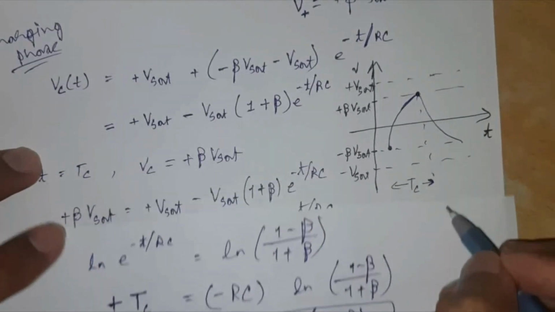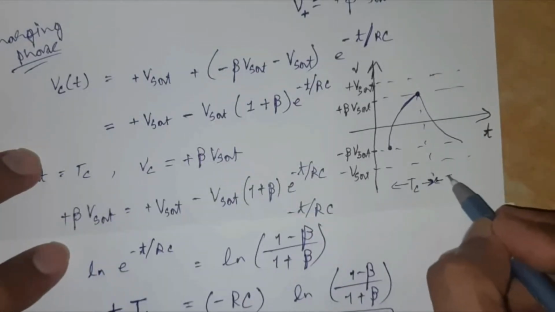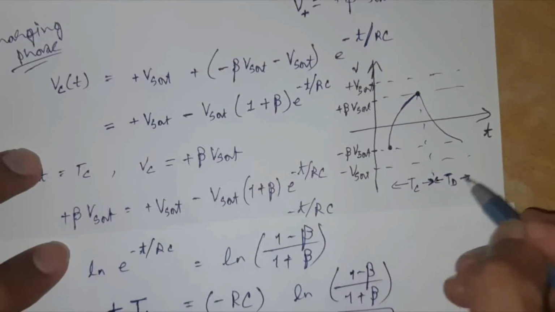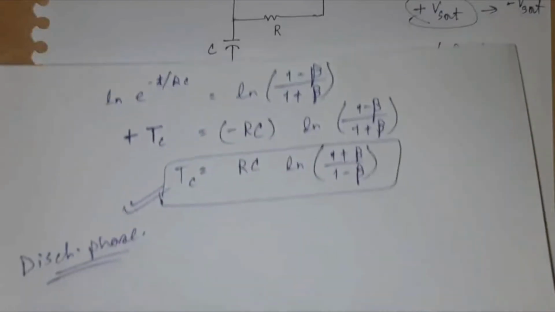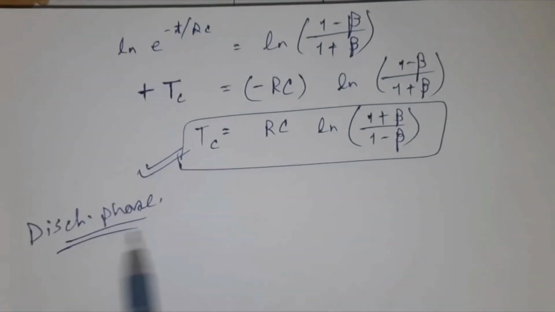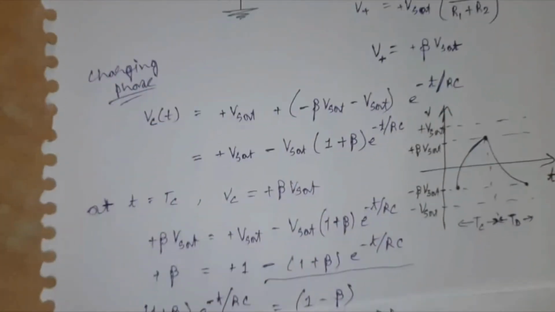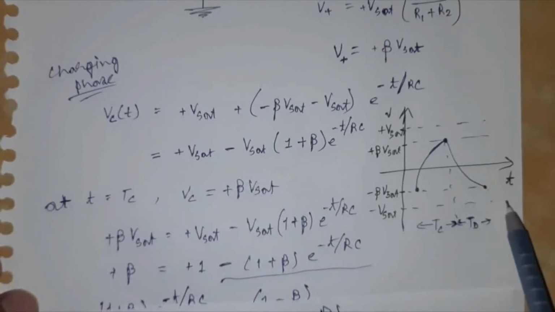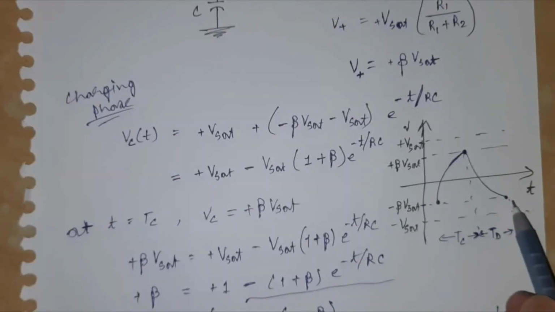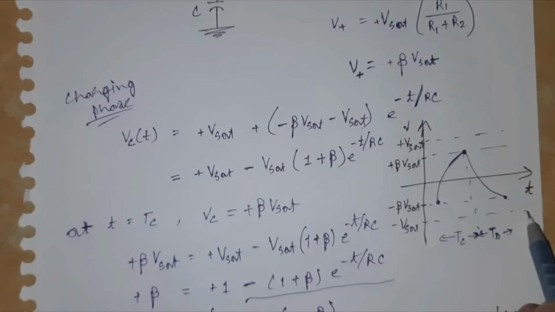Now what is the time of its discharge? So again we shall do a mathematical analysis. Now we are going to analyze this discharging phase. So the final value from the diagram here, we can obtain that if the capacitor is on for an infinite amount of time, then this capacitor would discharge till the minus Vsat value.